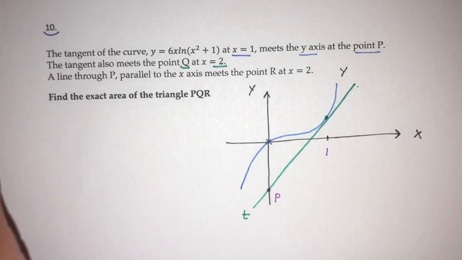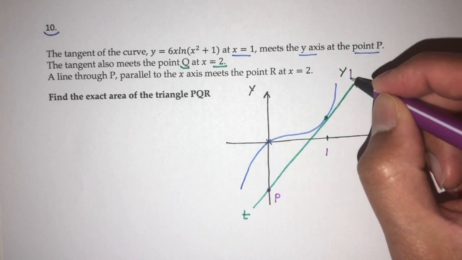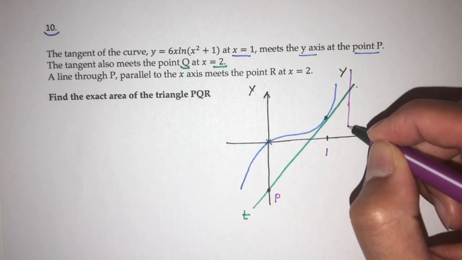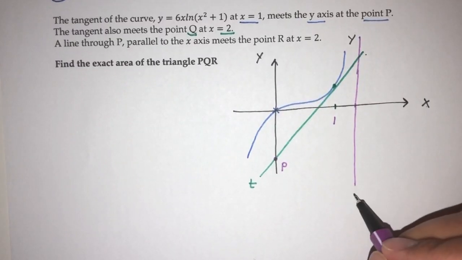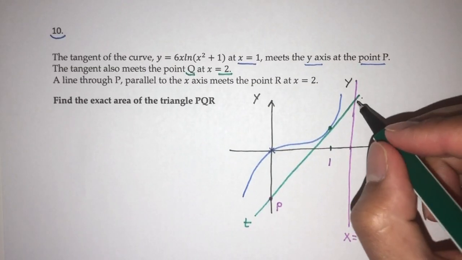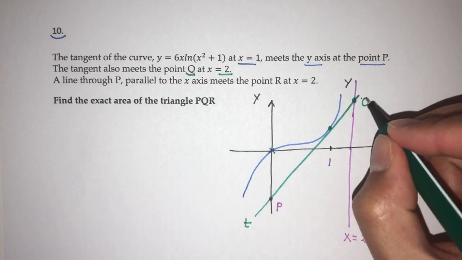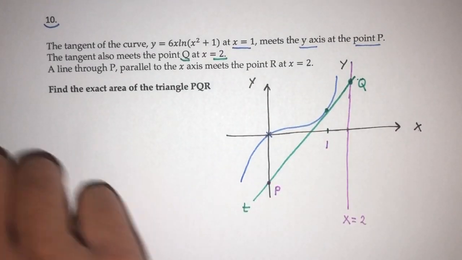Now, x equal to 2 is a vertical line, right? So for example, here, let me continue this. That will be the line x equal to 2, and this point of intersection here will be the point Q. So we have the point P here, point Q here.